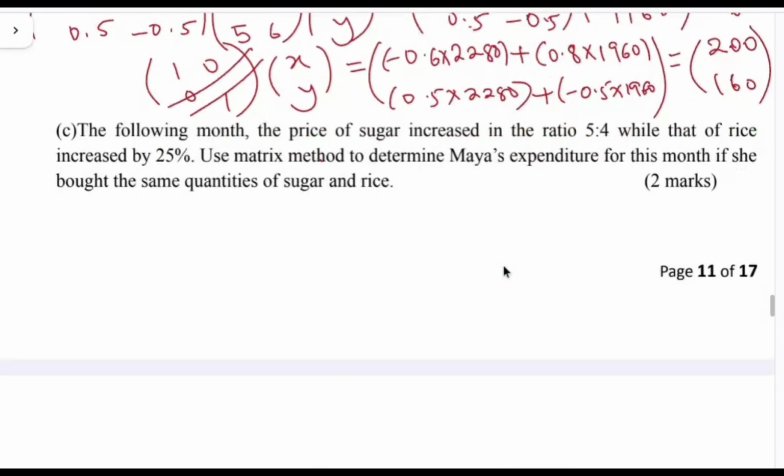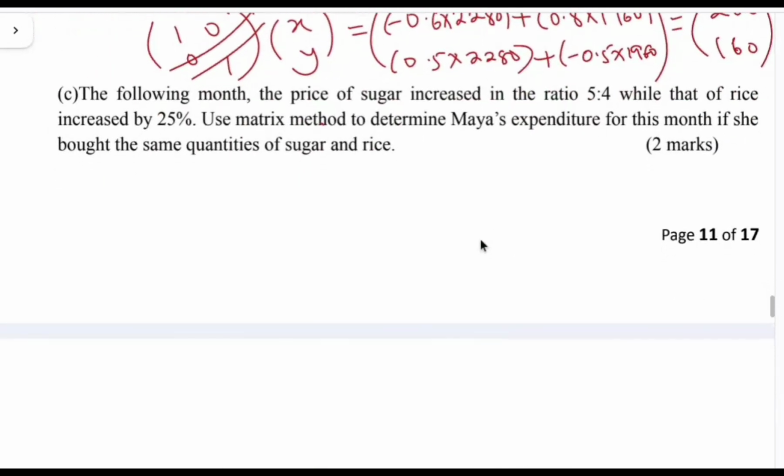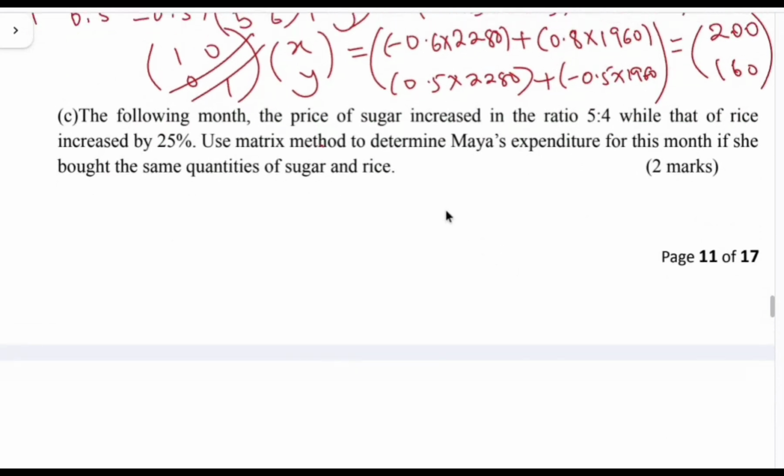Tuendelee. Question C, umeambiwa the following month the price of sugar increased in the ratio 5:4 while that of rice increased by 25%. So sugar iliongezeka na 5:4. So chukua 5/4 times bei ya sugar, which is equivalent to 250. So imepanda mpaka 250.